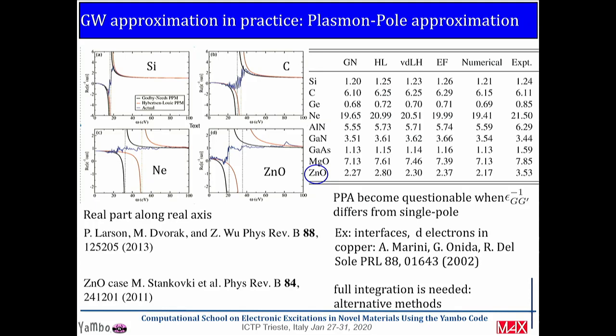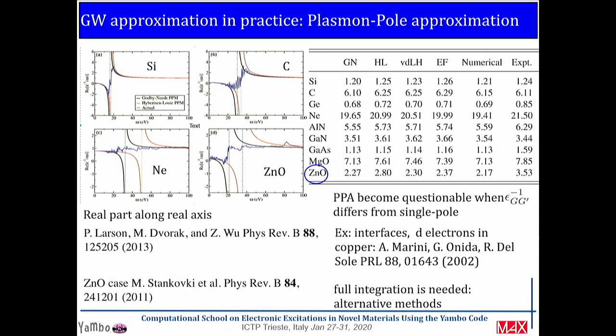In the case of zinc oxide, there is a nice work of Stankovski, where he analyzed in detail the performance and the convergence of different models. Anyway, this is the accuracy that we expect from the Plasmon-Pole approximation. So remember, this is another approximation that enters in a calculation.